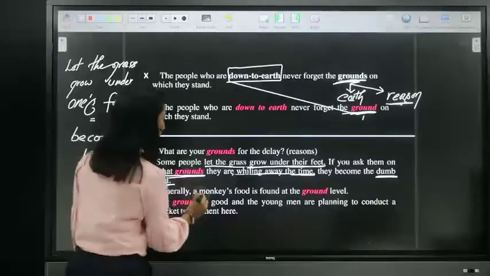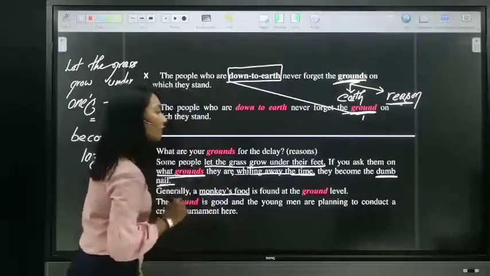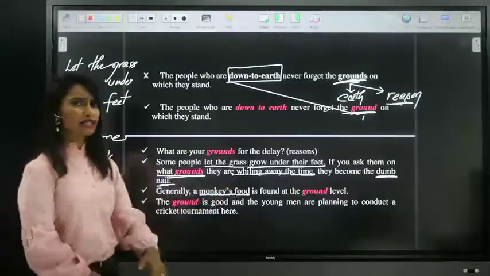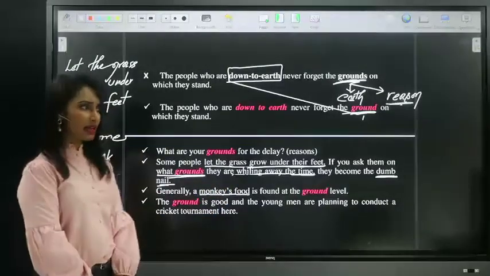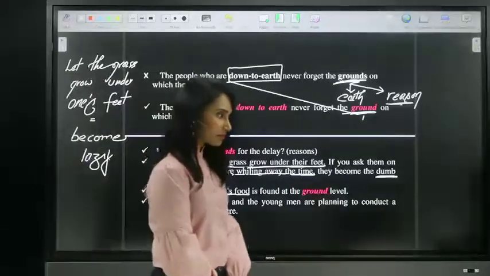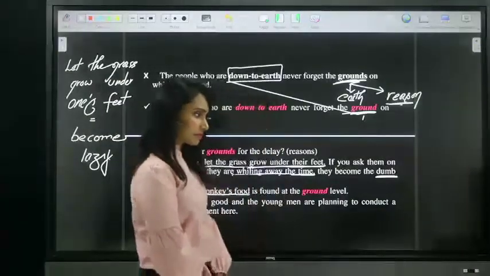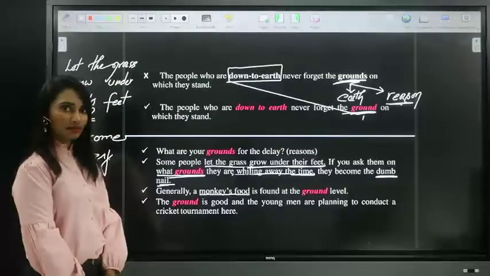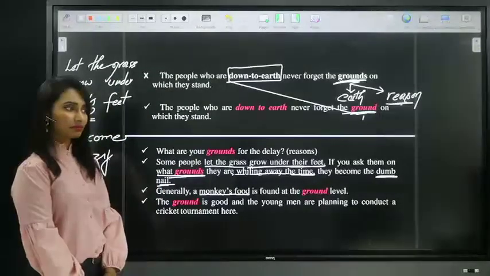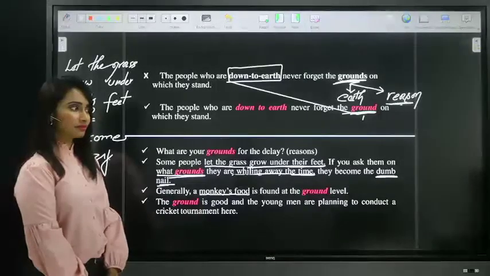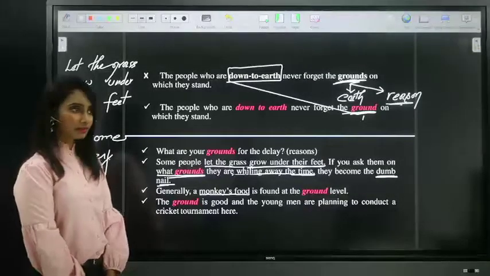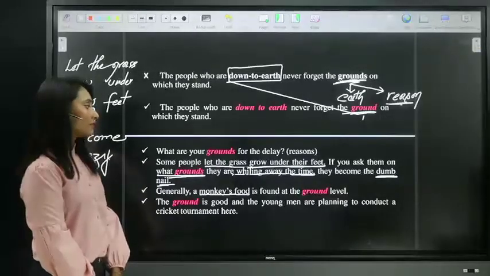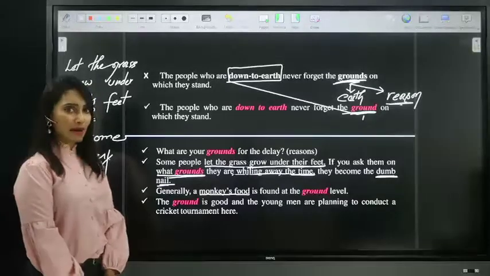So look at the next sentence. Generally, a monkey's food is found at the ground level. Now, let me ask you, what is monkey's food? Anyone?